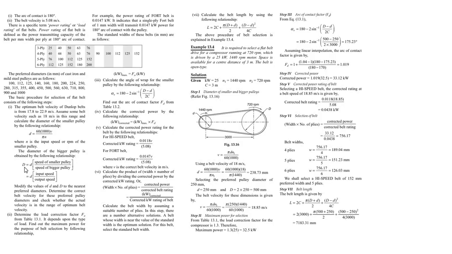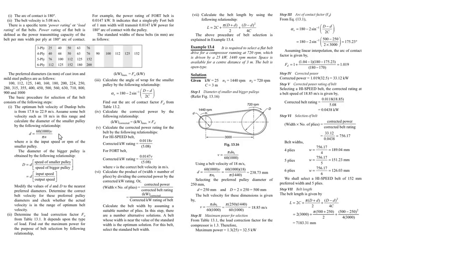The diameter of the bigger pulley can be calculated with the help of this relation: D = d × input speed / output speed. After this calculation, we have to modify the values of the diameters to within the standard range. Select these standard sizes of pulleys, then accordingly modify the belt velocity.